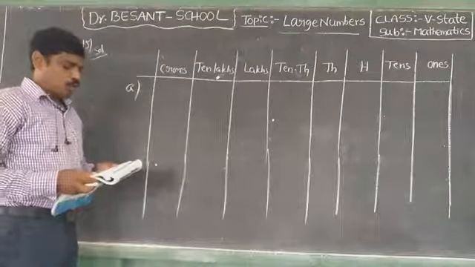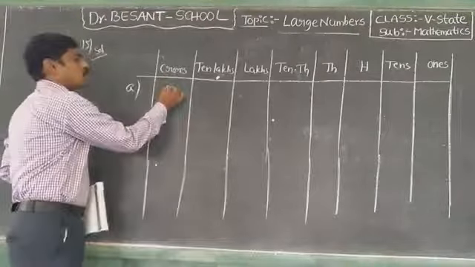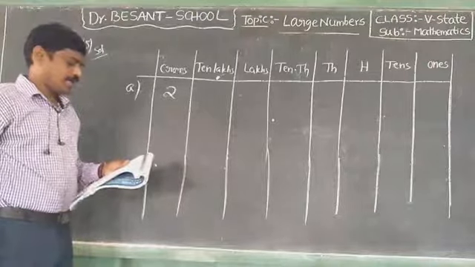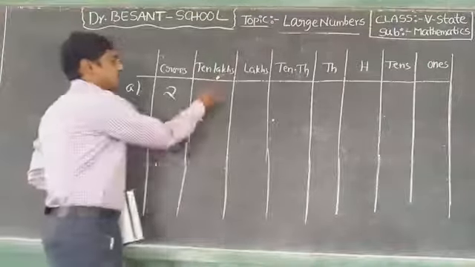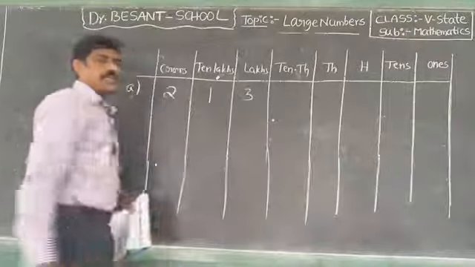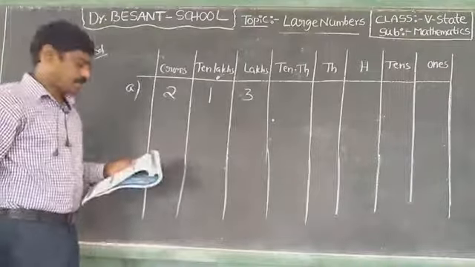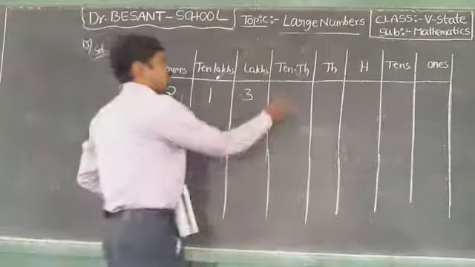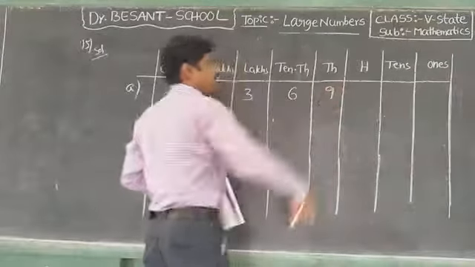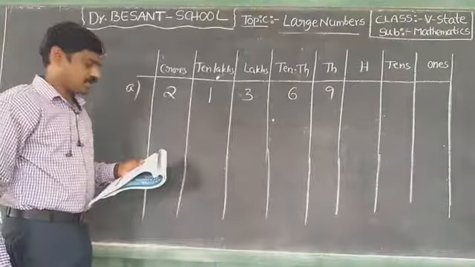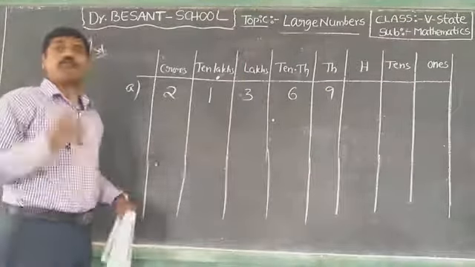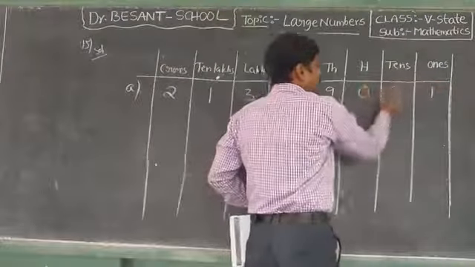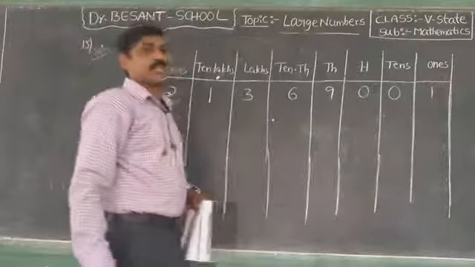2 crore. So where is the crores place? 2 crore. Next 13 lakh. So 1 3, 13 lakh. 69,000 and 1 means, so here 0, here 0, 100 plus 0, 10 plus 0.